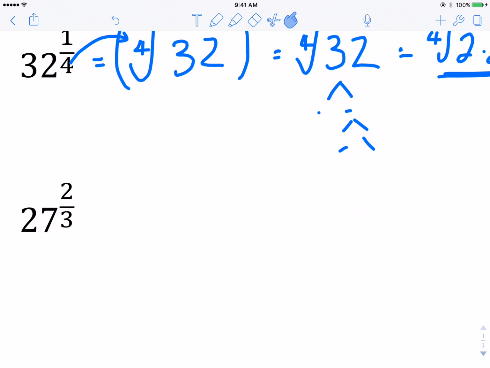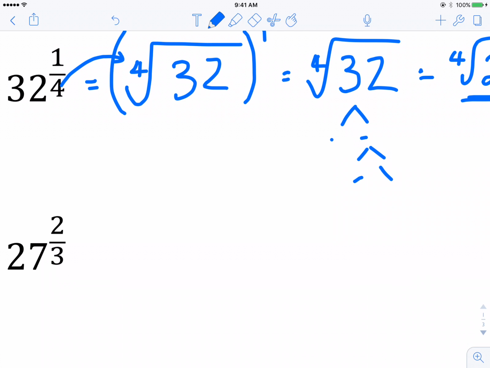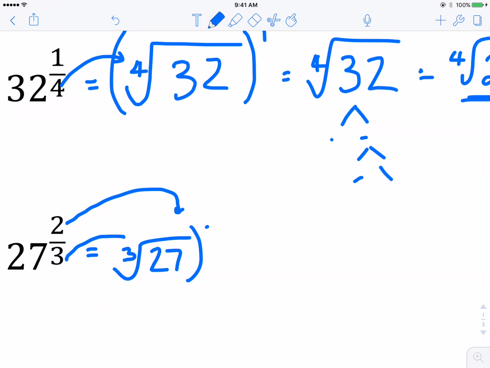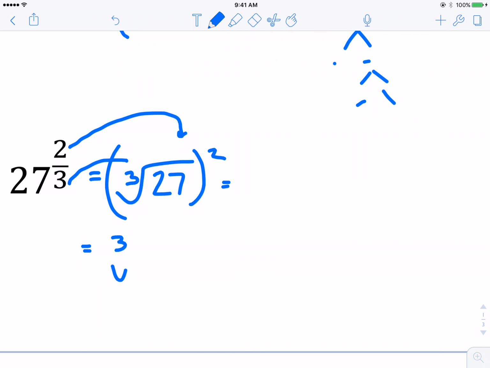Last one, 27 to the power of 2 over 3. Remember that this is the flower, this is my exponent, this is my root: cube root of 27 to the power of 2, or the cube root of 27 to the power of 2, inside or outside the bracket.